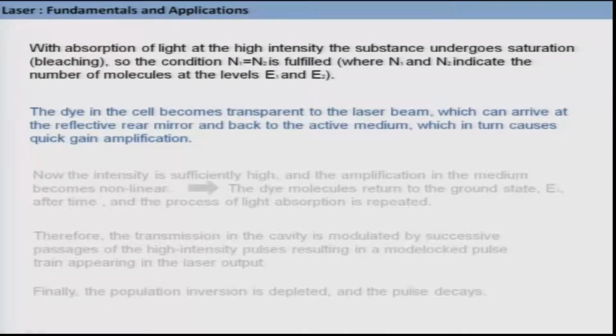Once it becomes transparent, it will no longer incur loss to my cavity, rather it will allow the light to propagate along the axis of the laser cavity, and it will create the amplification of the gain.